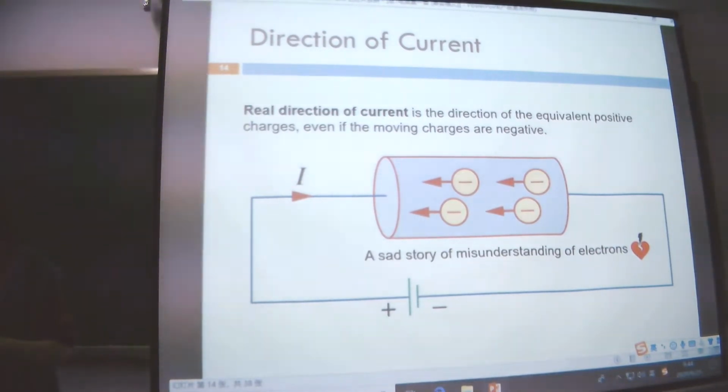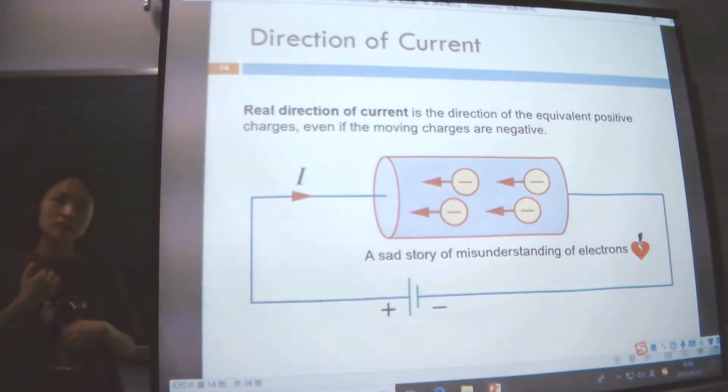Why didn't we correct this mistake? We know it is a mistake because we defined the direction of positive charge movement as the direction of current, but the real direction of current is the direction of negative electrons.